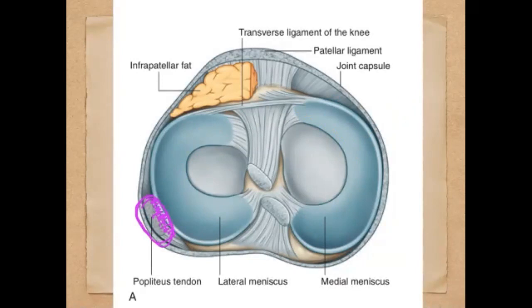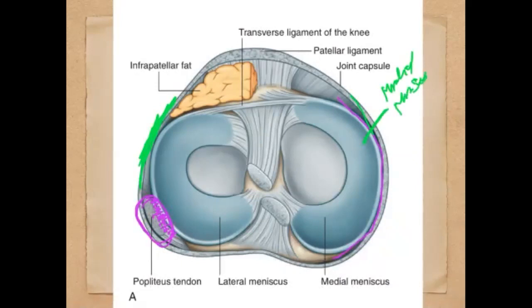Whereas medial meniscus is not attached to any tendon, but medial meniscus is attached to joint capsule. Okay, whereas lateral meniscus is not attached to joint capsule. Here joint capsule is free from lateral meniscus, whereas joint capsule is attached with medial meniscus.